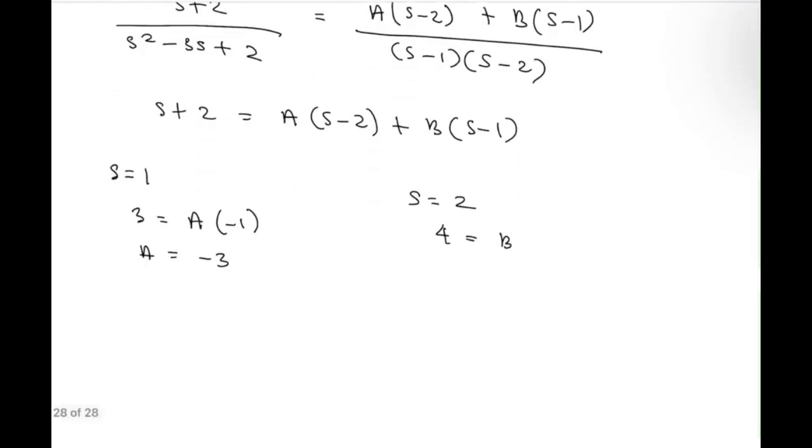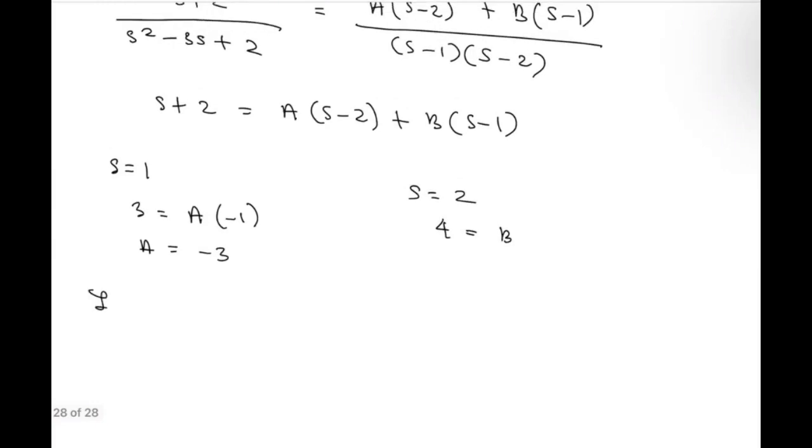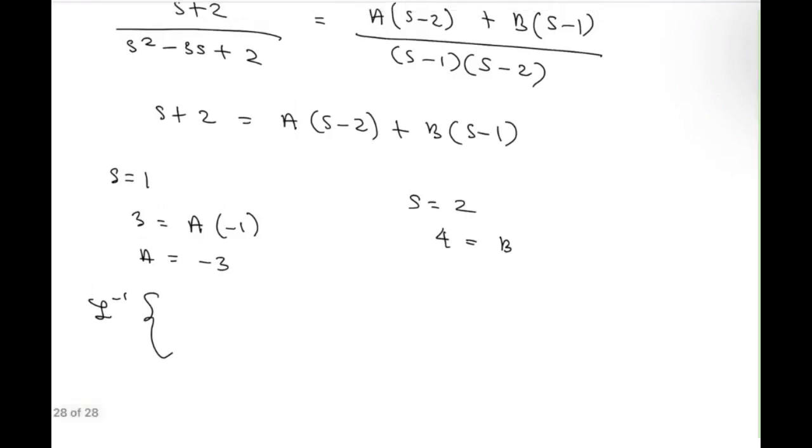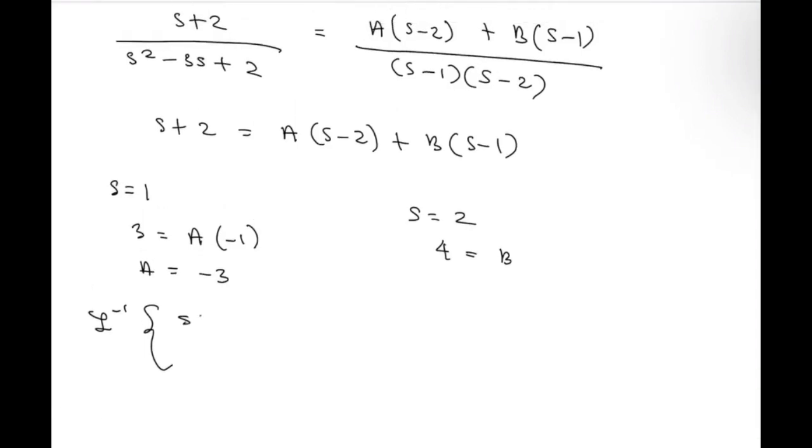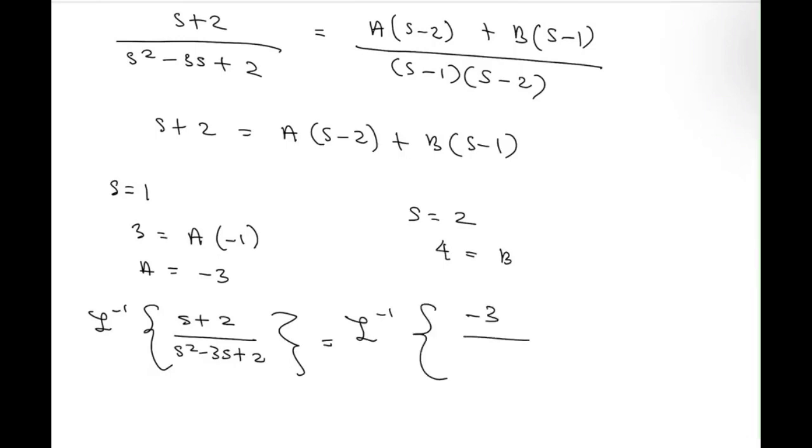So we have the inverse Laplace transform of s plus 2 over s square minus 3s plus 2. This is equal to the inverse Laplace transform of A, which is minus 3 over s minus 1, plus 4 over s minus 2.